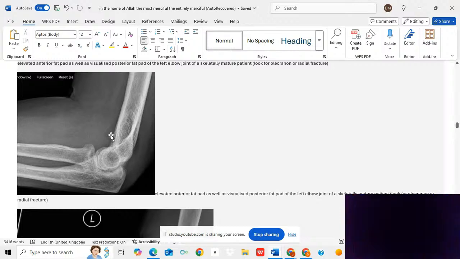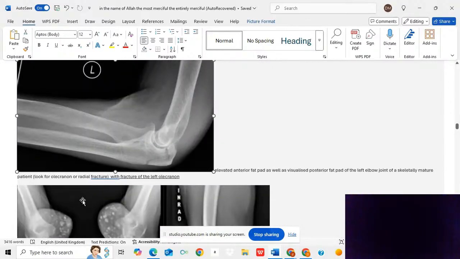Elevated anterior fat pad as well as visualized posterior fat pad on the left elbow joint of a skeletally mature patient, indicative of elbow joint effusion. Think of fracture of the olecranon or fracture of the radial head or neck. There is no evidence of fracture of olecranon process or fracture of the radial head or neck.